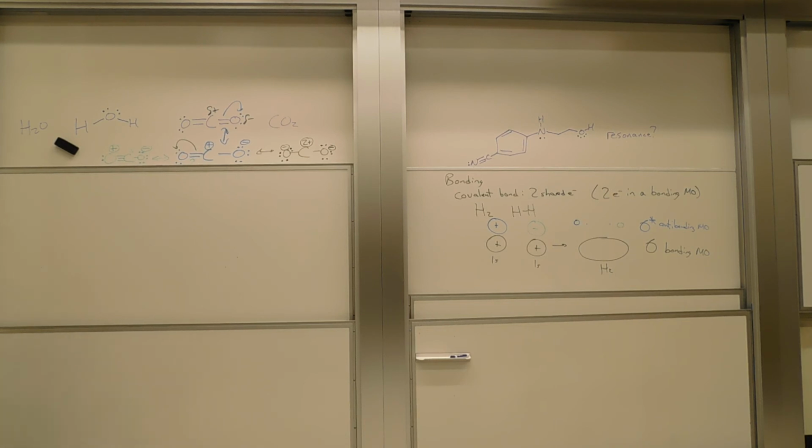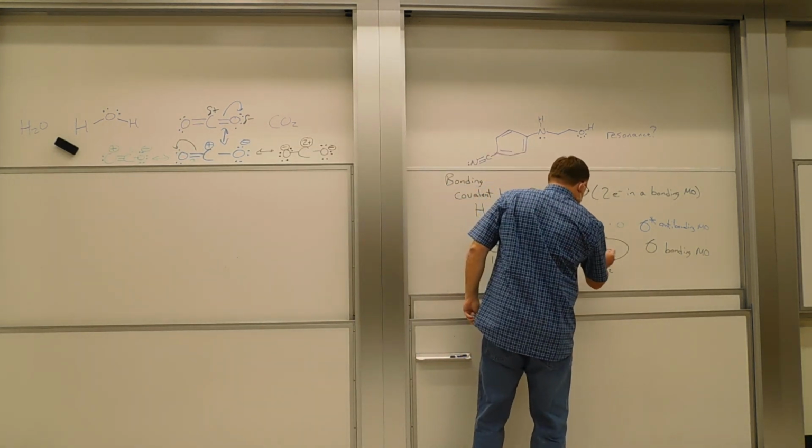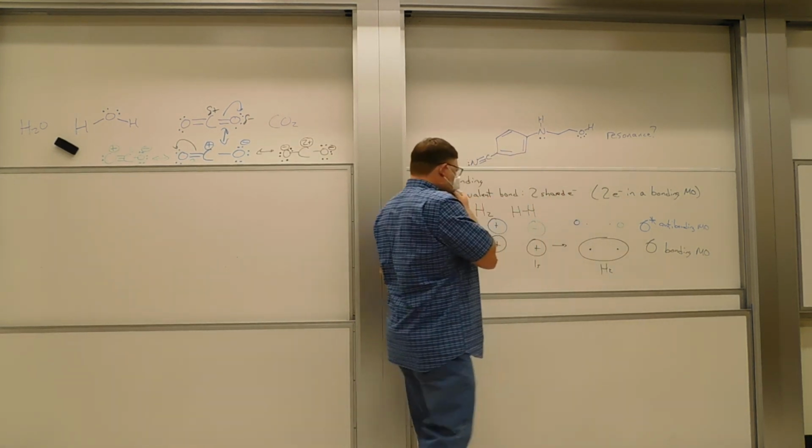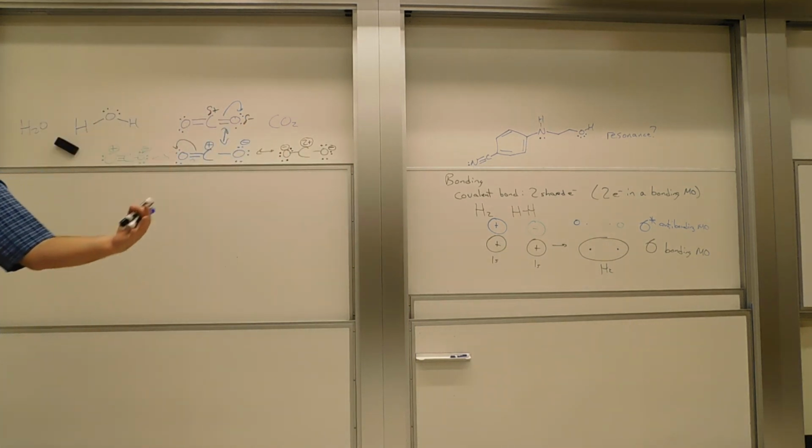The sigma bond is directly between the two atoms. This is like a hydrogen nucleus there, a hydrogen nucleus there, and the sigma bond is sort of cylindrical and takes in both nuclei. It's really like a handshake. So we shake hands. That's a strong bond.